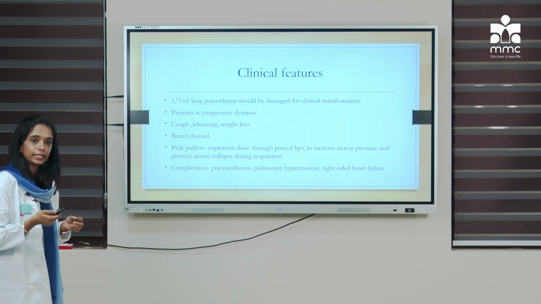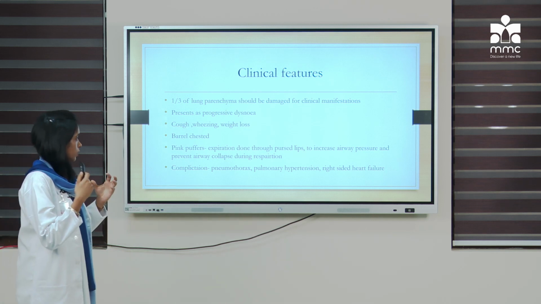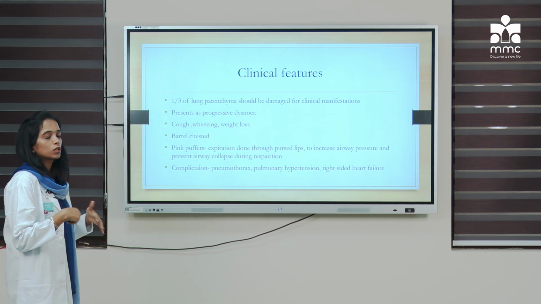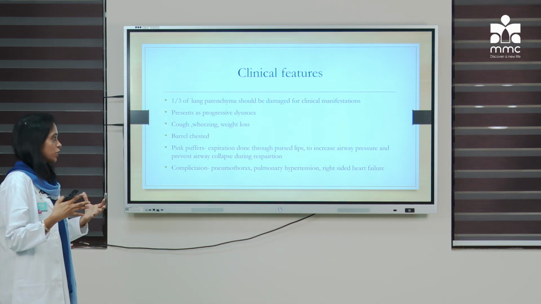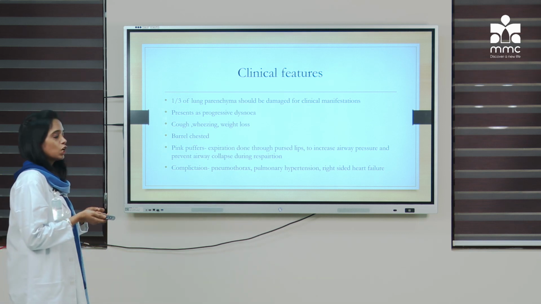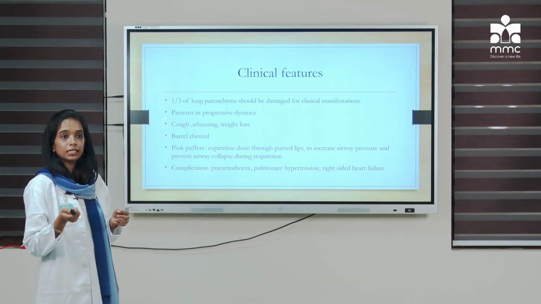They are also called pink puffers, because expiration is done with pursed lips, mainly to increase the airway pressure and prevent the airway from collapsing during expiration. Remember, this is a very important question: pink puffers.